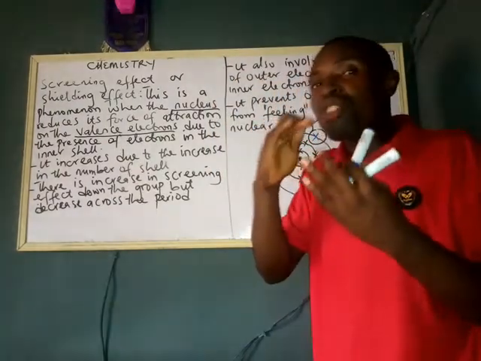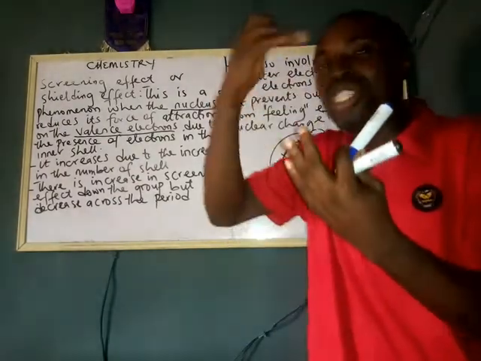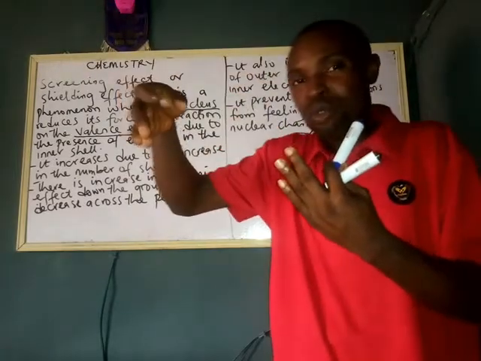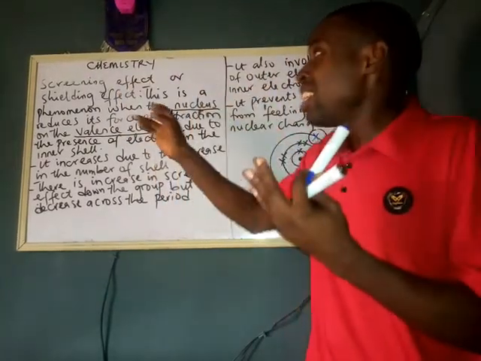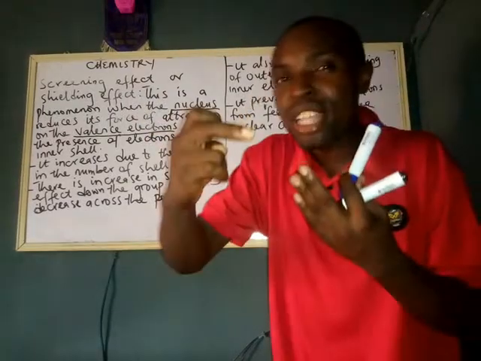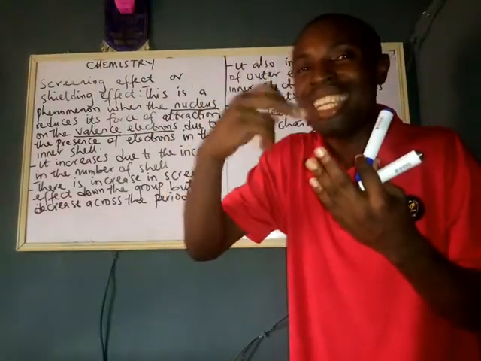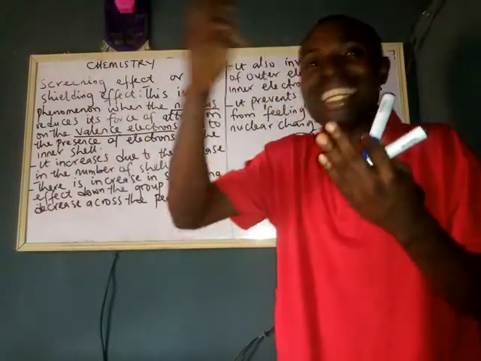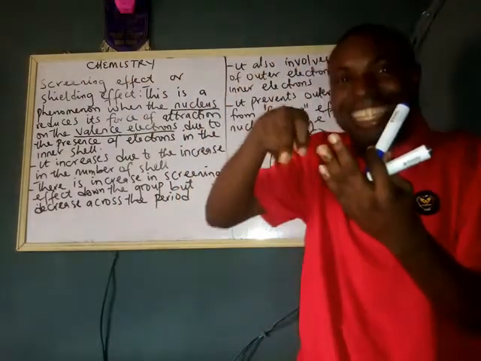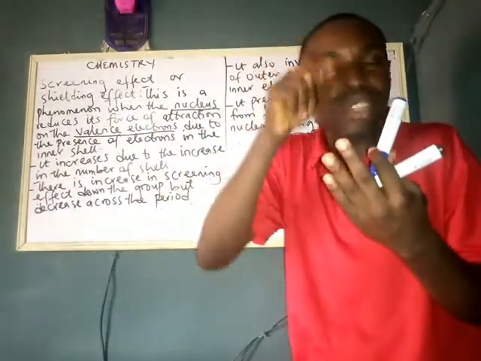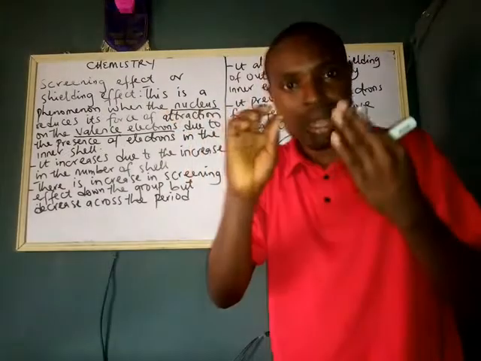Now, it's also interesting to know that as the number of shells is increasing, the screening effect or the shielding effect is increased. And if it is increased, there is a decrease in ionization potentials. Is that clear?